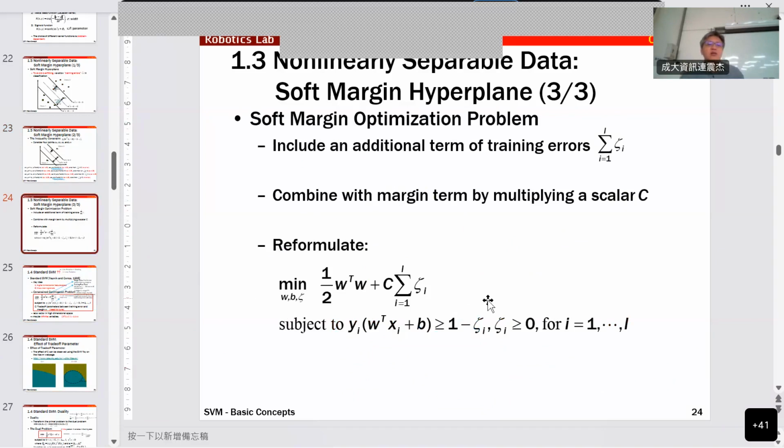So first of all, you allow some noise, allow some error. Because in this loss function you have some error, you include the error term here. This is also the error term. You allow some margin, so the margin is this one.